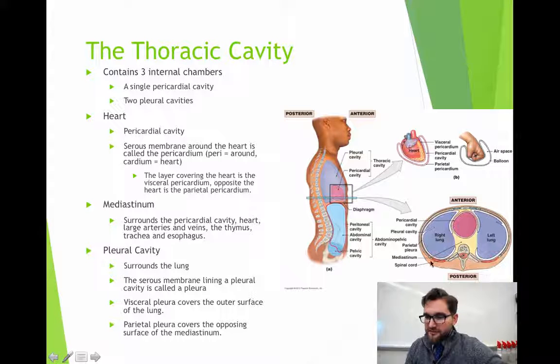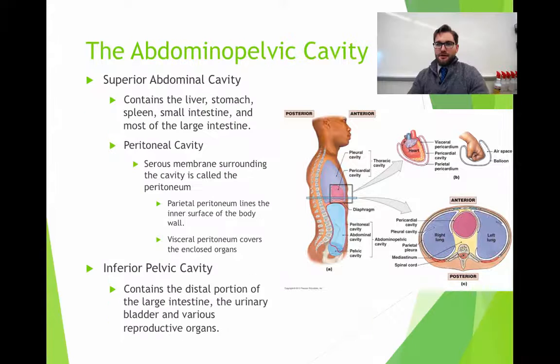We can see the mediastinum labeled here. In this picture, we also see the pleural cavity. The parietal pleura would be away from the lung. And the pericardial cavity is here.